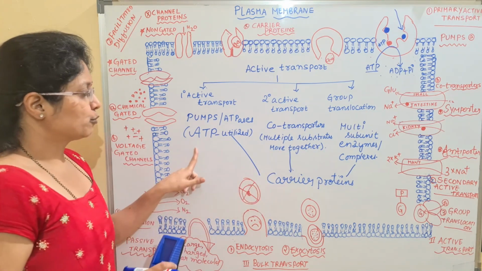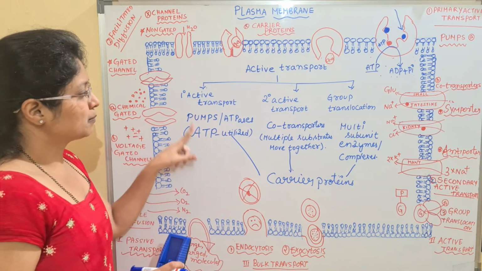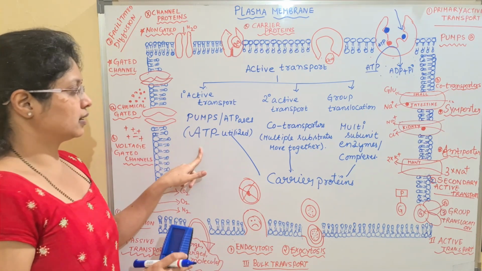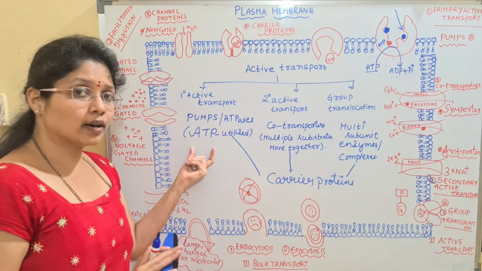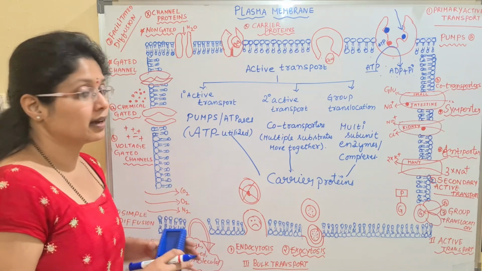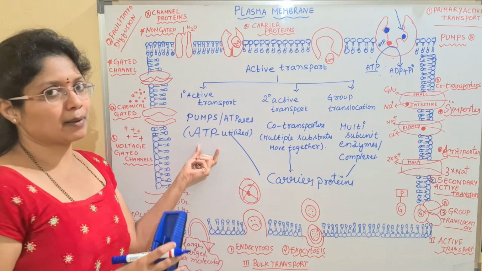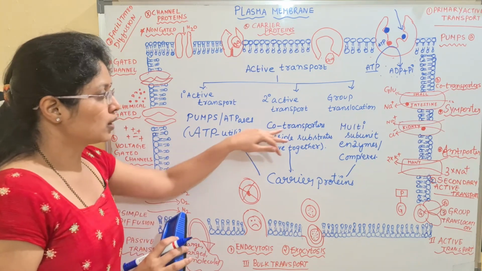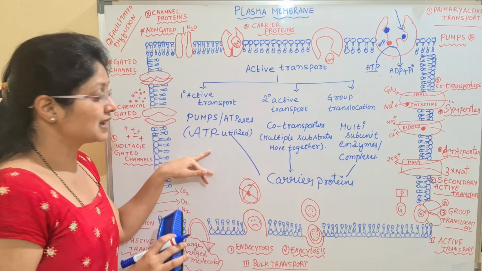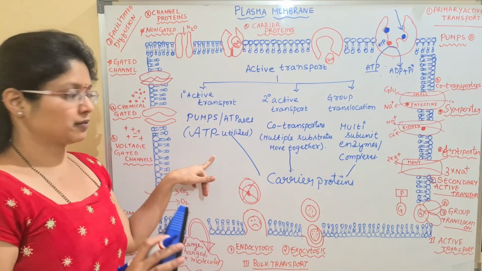And another important point here: I have told you the pumps are operated, and even here single or multiple molecules can pass in the primary active transport. So co-transporters are also seen in the case of the primary active system.